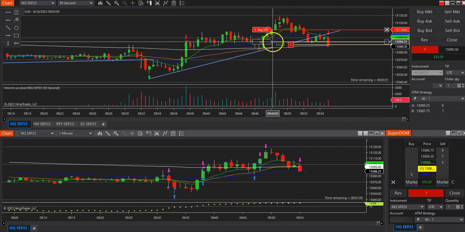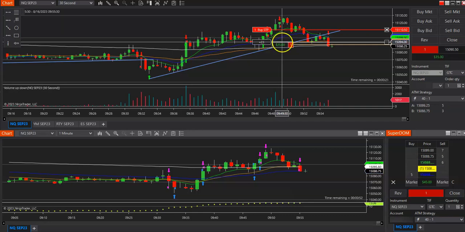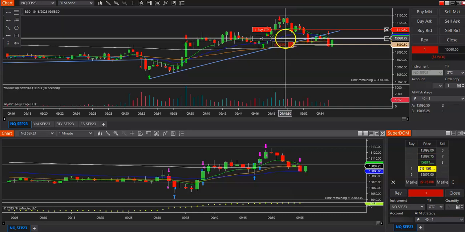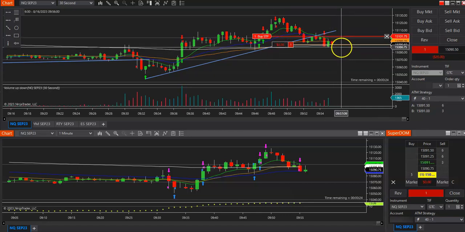Looking for a drop below this area here. I'm going to be very tight on my stop. Moving my stop above this candle right here. I'm looking for a drop. I see the rejection is coming, so I'm looking for a drop.